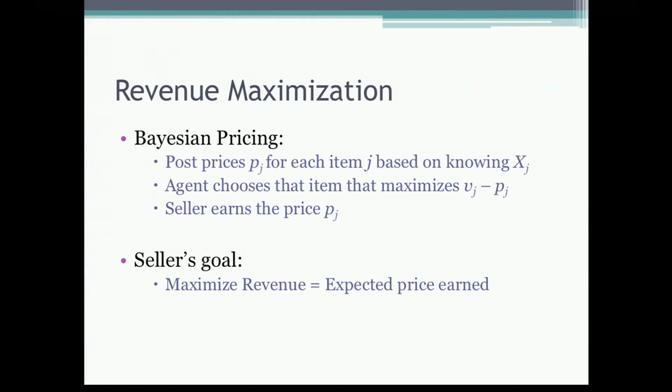The seller earns the price pj. Now the seller's goal is to maximize the expected value of what he earns, where the expectation is over these distributions. This problem is widely studied in operations research under different names, and they use specific distributions, called the Gumbel distribution and so on. But the basic idea is that this is a more abstract setting of the same problem.